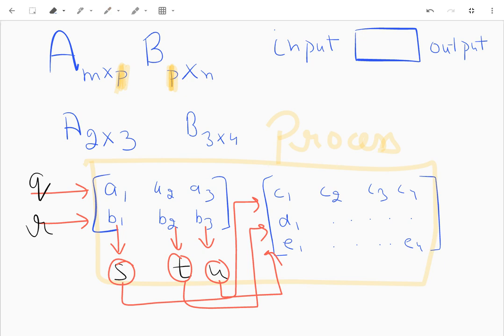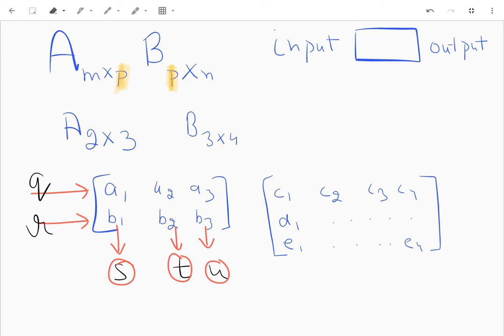And this is the reason why I have S, T, and U here. Because the first matrix gave me three conditions, and for an output, I need to deal with all three conditions. I cannot skip any condition, right?